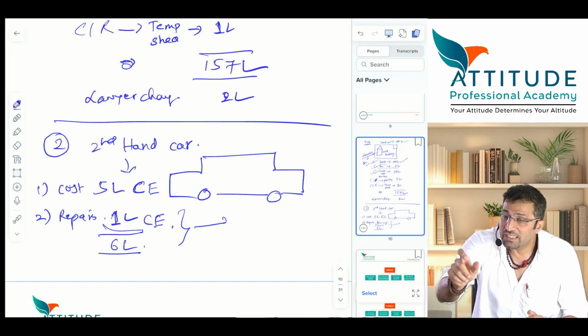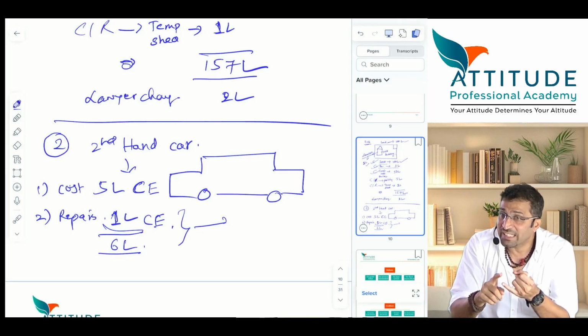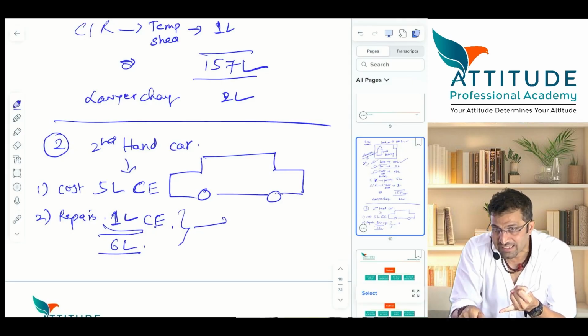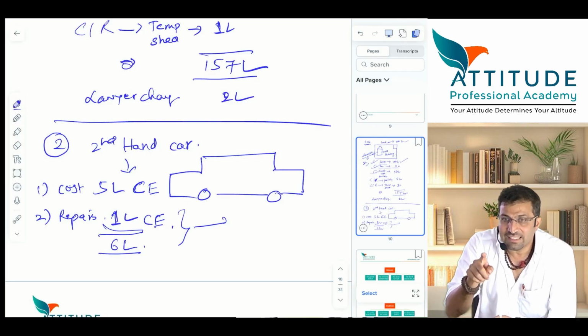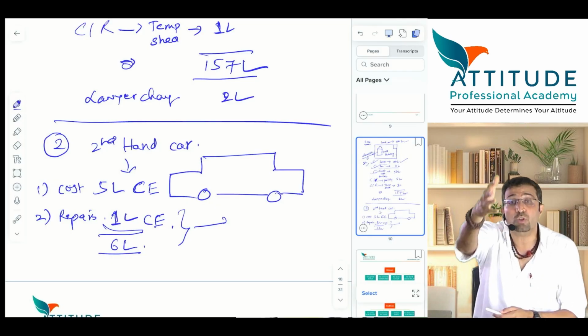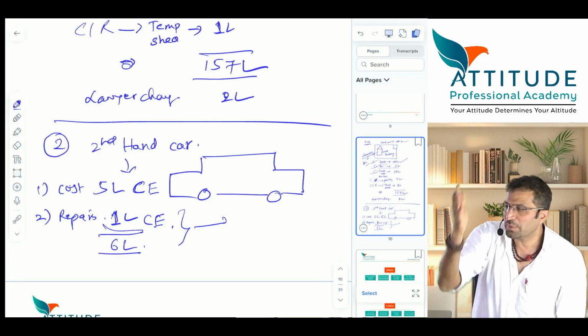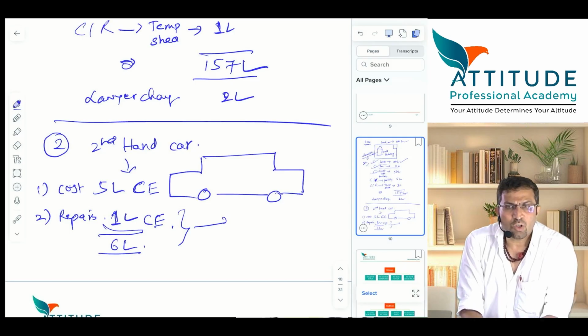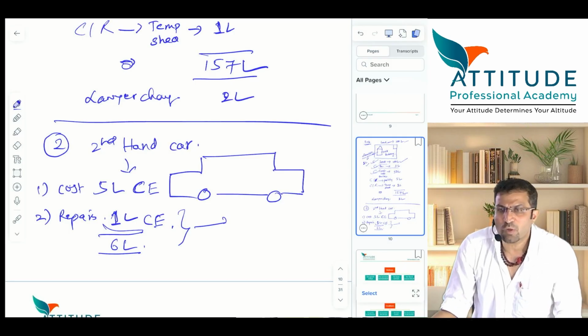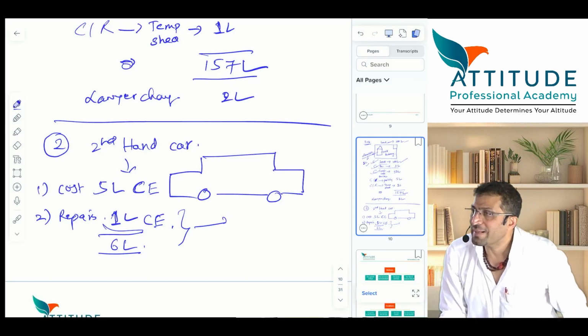Exception is if that expenditure increases the capacity of the existing asset or increases the efficiency of the existing asset, then that expenditure is also what expenditure? Capital expenditure. But here it is only for maintenance. Neither the fuel efficiency is increasing nor the capacity of that car is increasing. So it is what expenditure? Revenue expenditure. समझ में आया?